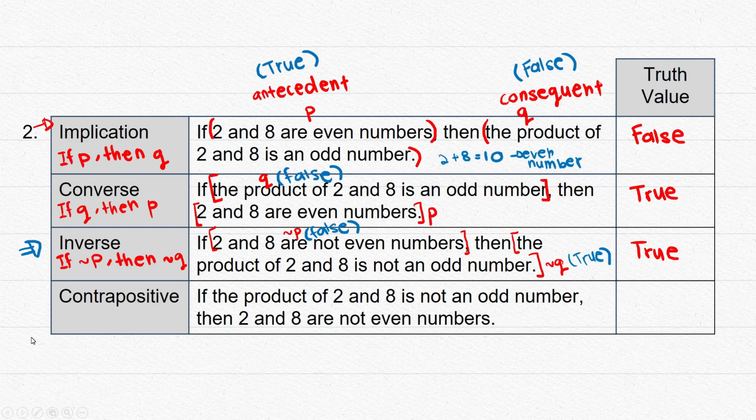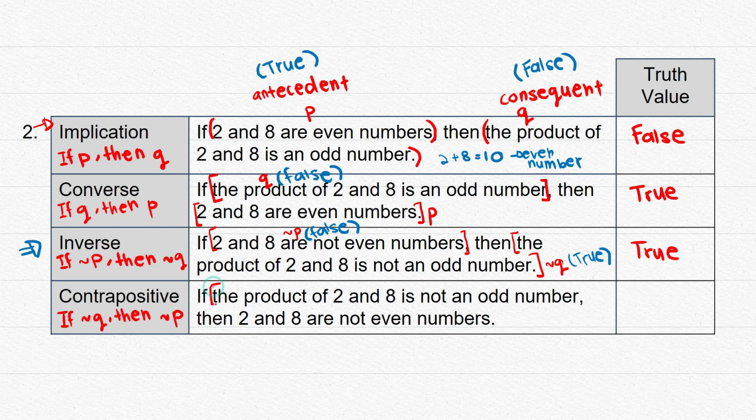Now for the contrapositive. The contrapositive is in this form: if tilde Q, then tilde P. For the contrapositive, tilde Q will become the antecedent.